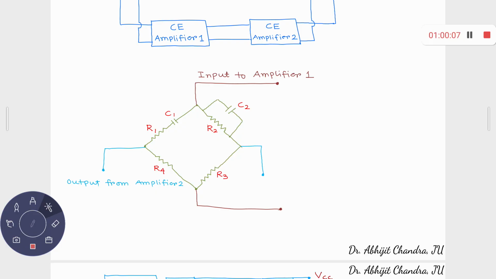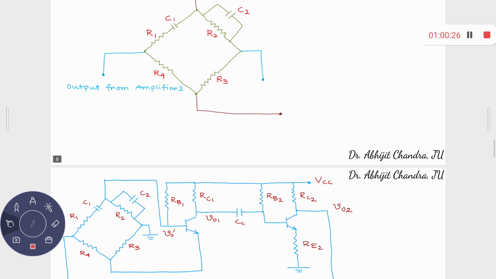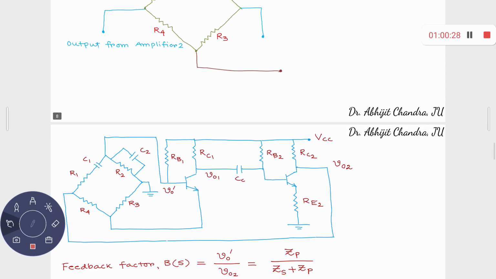Yes, I'm coming to that. And this is the input to amplifier 1, and from these two nodes we are getting the output from amplifier 2. It looks something like that.